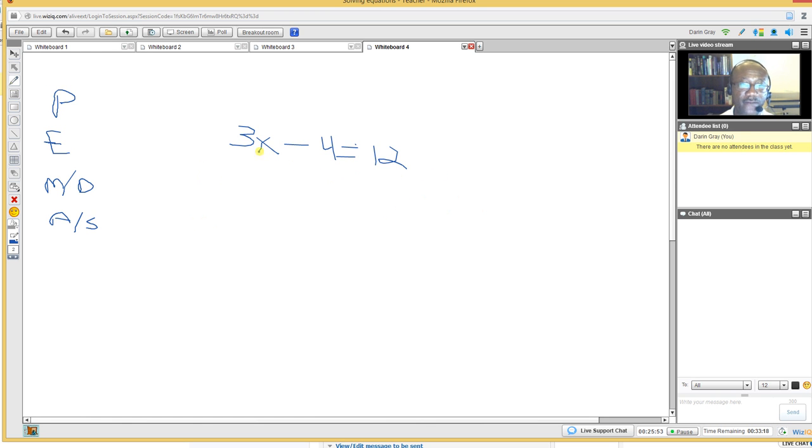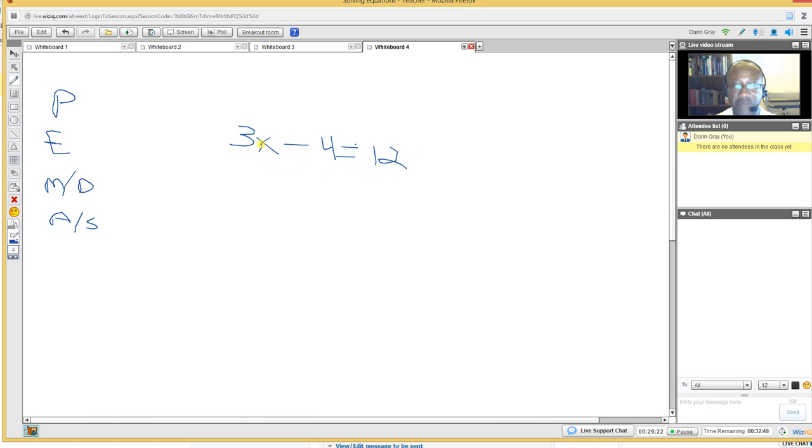We can't divide this x by 3 to get rid of this 3 because we'd also have to divide this 4 and we'd have to divide this 12. When you have an expression on one side and you have either an expression or a value on the other side, when you multiply or divide, every term gets multiplied or divided.